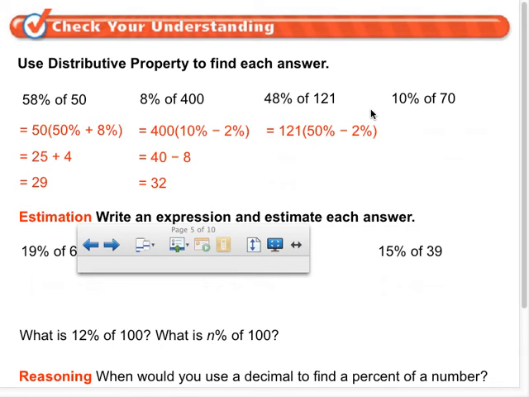What's 1% of 121? 1.21. And so 2% would be 1.21 plus 1.21, right, which is 2.42. So here's what we got. And then when we subtract that, that's what we get. This one's super easy. I think you guys know how to do this mentally without distribution property, but I went ahead and worked it out. Here's what we got. And I just wanted to show you it's 7.